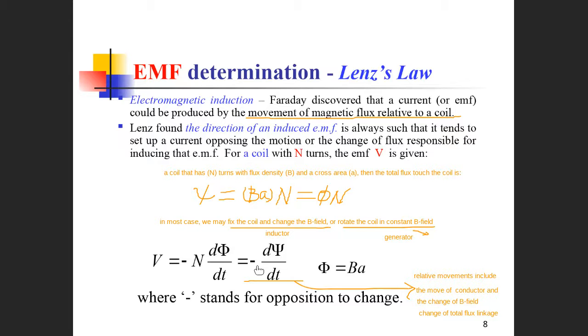In other words, if the current tries to increase the magnetic field, the induced electromotive force tries to produce a current that decreases the magnetic field. Anyway, induction is against the change of the original one.